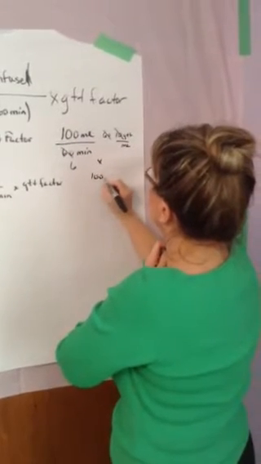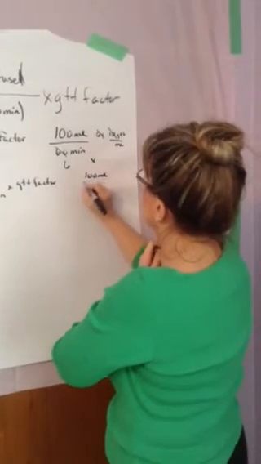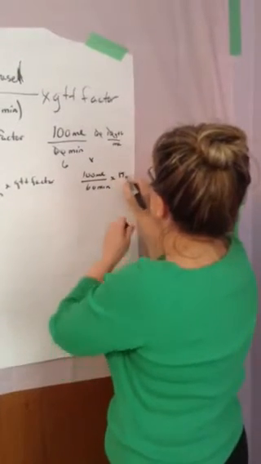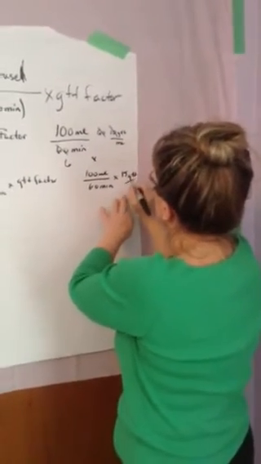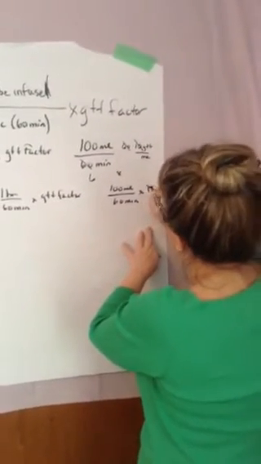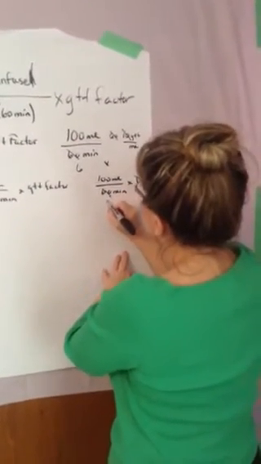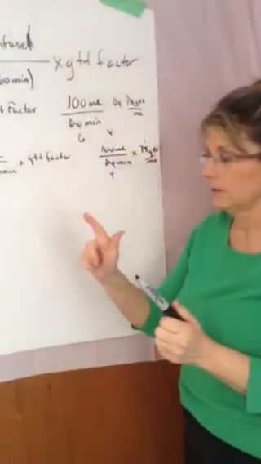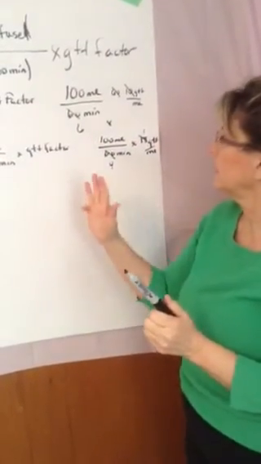At Rouge Valley, I believe, if it's still the same, the drop factor is 15 drops per mil. And so 15 goes into 60 4 times, just so you know. 15, 30, 45, 60.